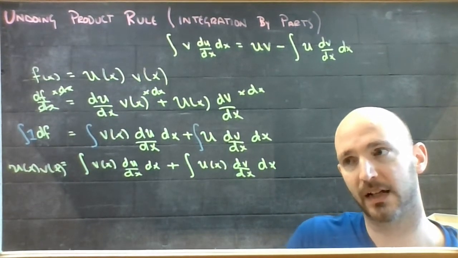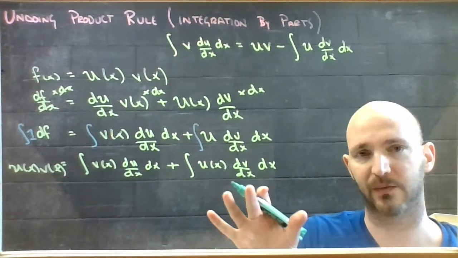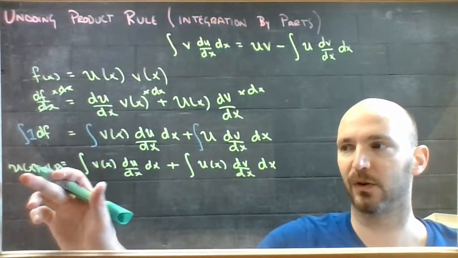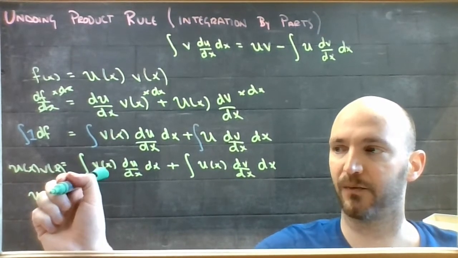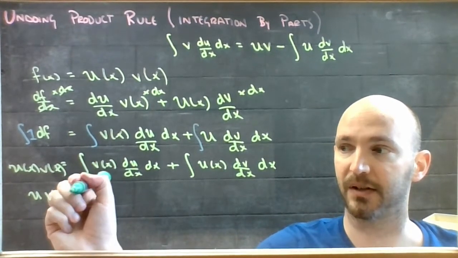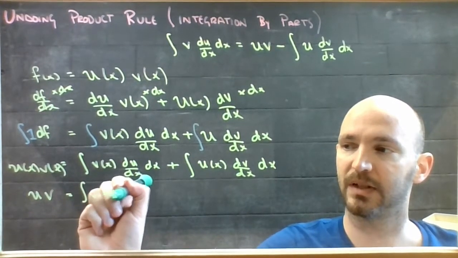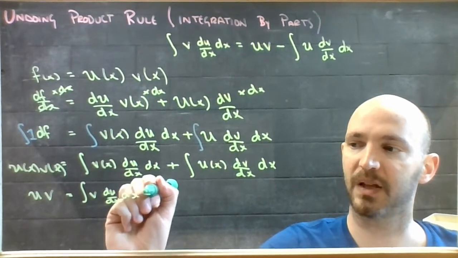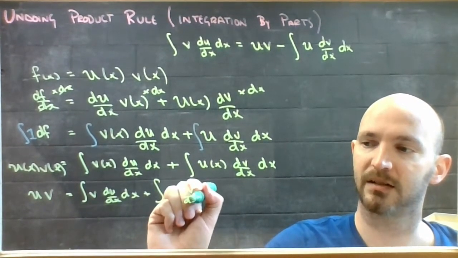And in the next line, I'm going to stop writing this as a function of x notation because it's putting in too many brackets. So over here I have u, which was the name of the first part, and v, which was the name of the second part, equals the integral of v du dx dx plus the integral of u dv dx dx.